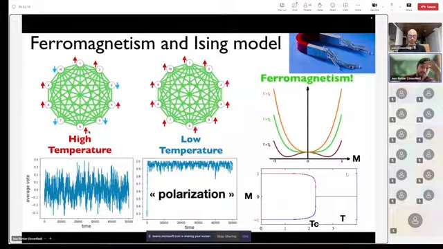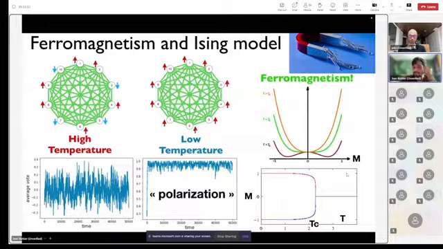And every one of these nodes carries a binary variable, ±1. And you see that at high temperature, if you simulate this system, indeed, you see that the magnetization, which is the average direction of these arrows, fluctuates around 0. Okay, so this is the paramagnetic state that we defined.